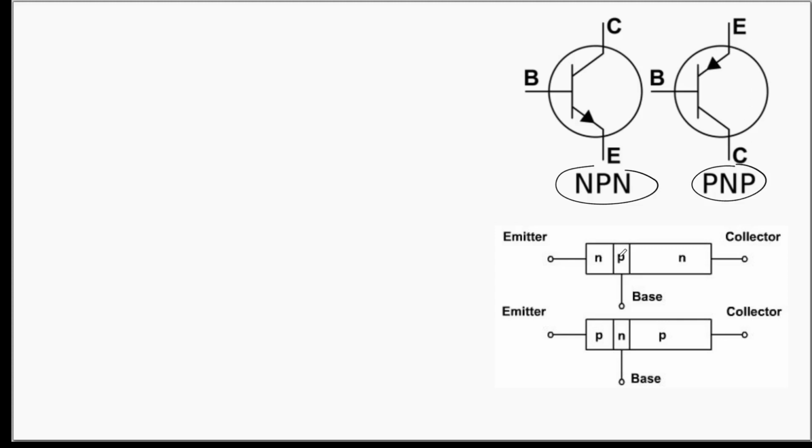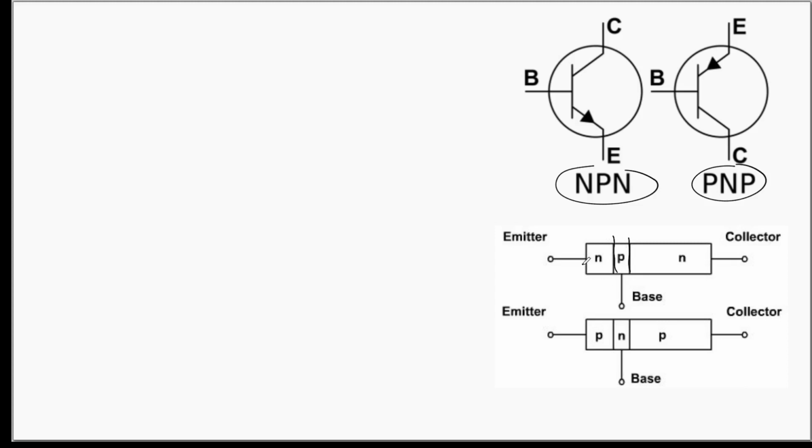A transistor will have two PN junctions containing three different regions. We have N and P regions separating one junction here. This is a junction, and P and N, this is another junction. There are two PN junctions with three different regions of semiconducting materials. In the case of an NPN transistor, on this side we have the emitter, that is small in size.